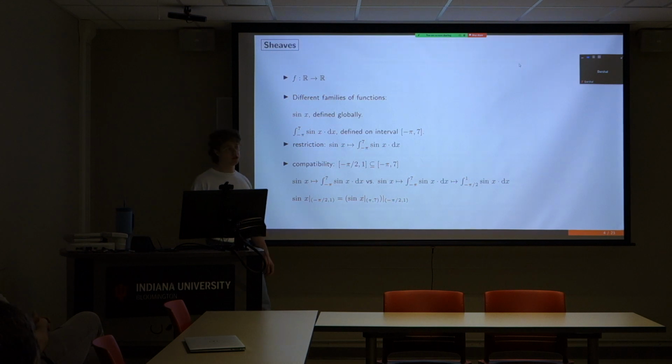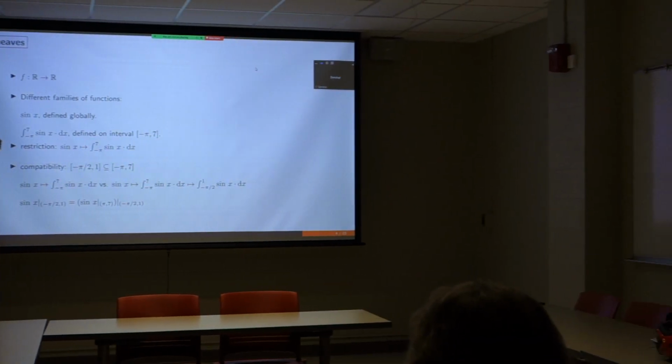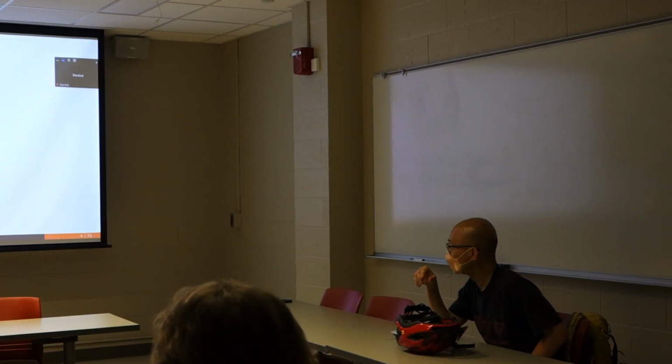But the key point is that if we look at a function that is defined on the entirety of the real numbers, we can always restrict that function so that it only is defined on an open interval. So we say restrict, like sin x is a function from each x real to sin x, right?